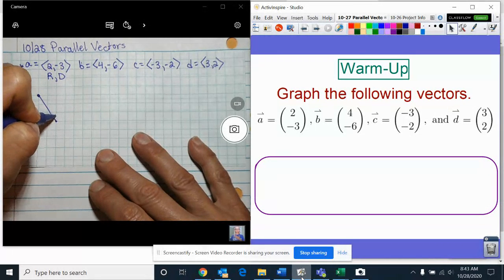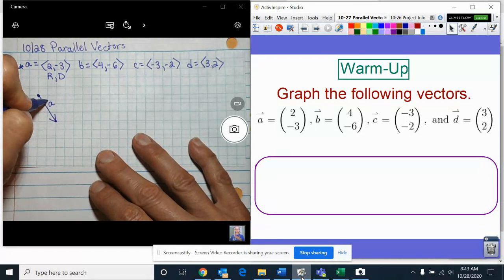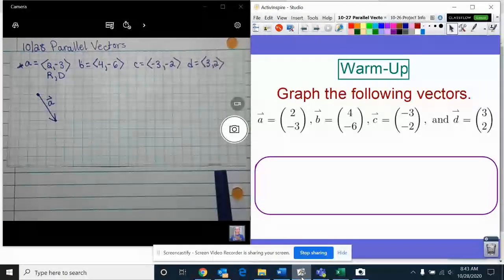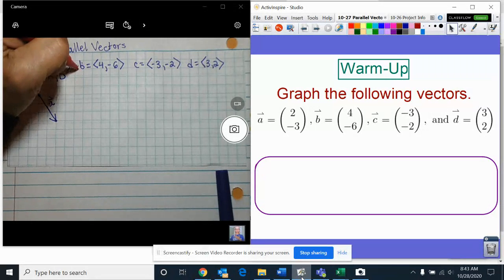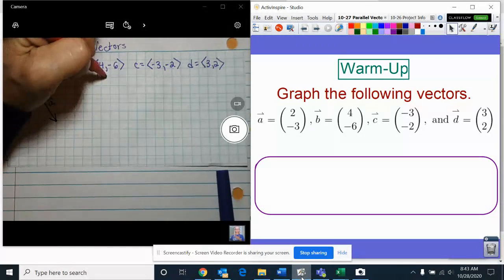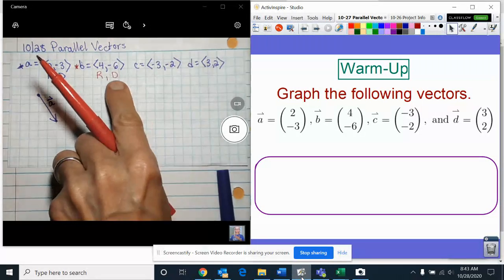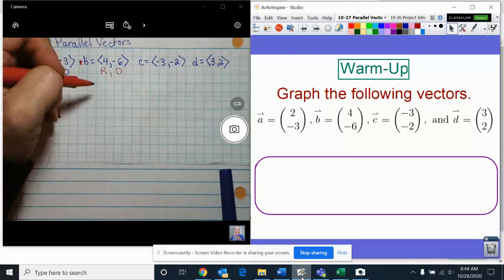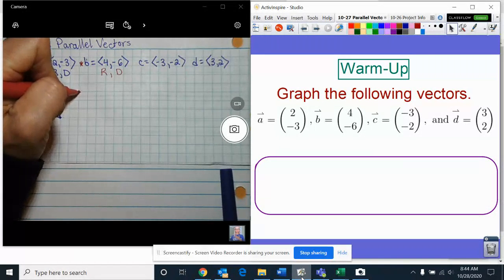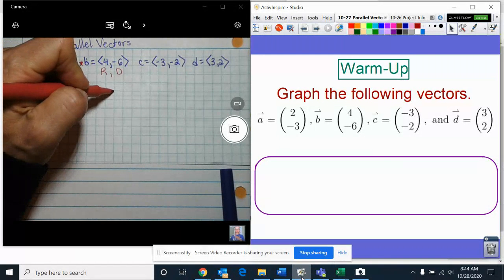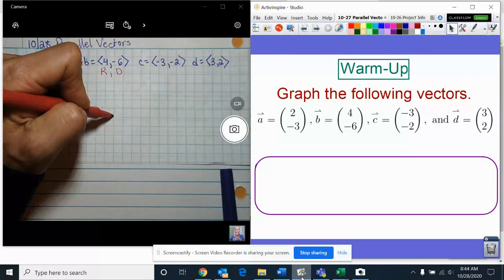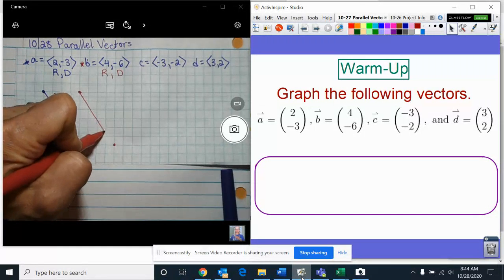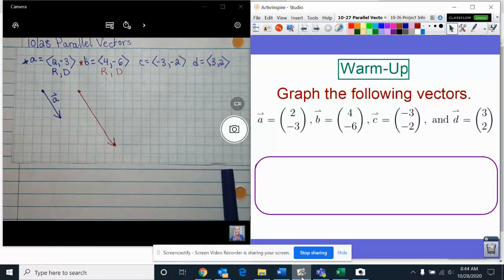This is my vector, vector A. Now vector B is also going to go right, and it's going to go down because of the -6, but it will be a larger vector. So starting here, to the right 4, 1, 2, 3, 4, 5, 6. There is my vector B.